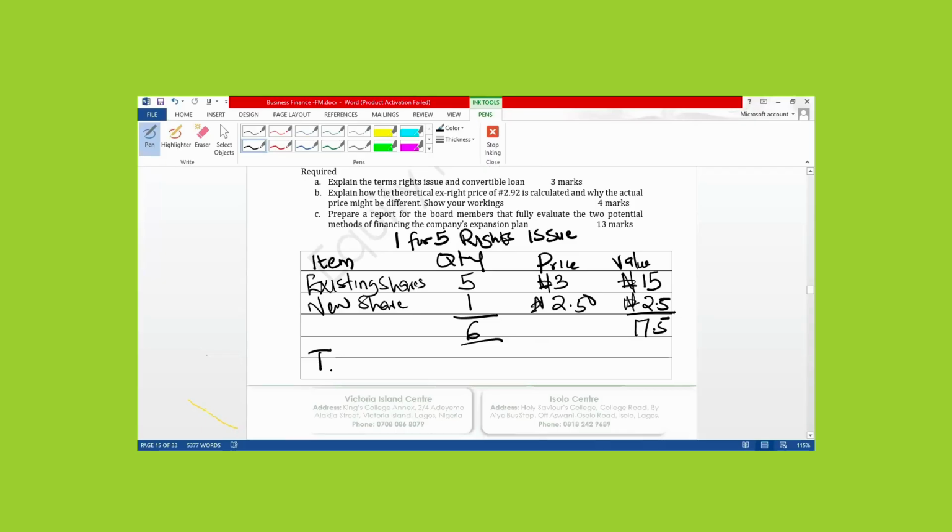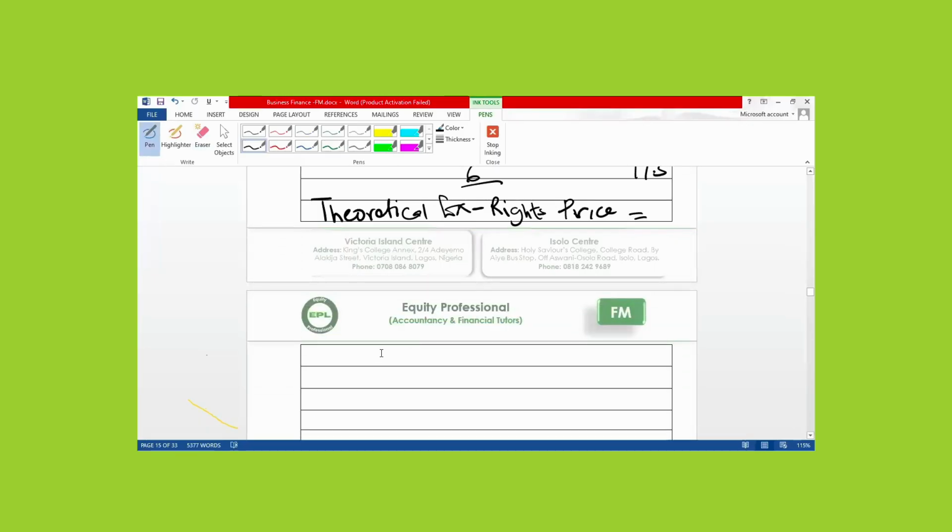Your theoretical ex-rights price is equal to total value divided by total quantity.